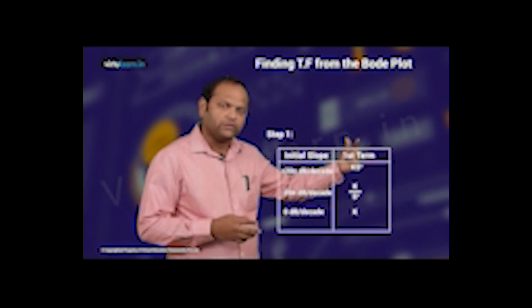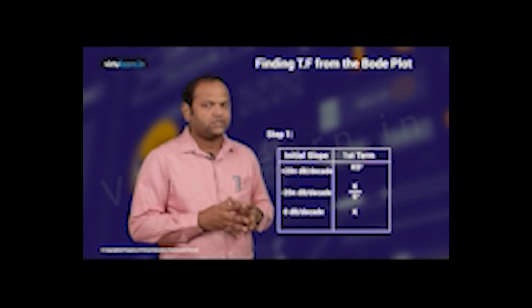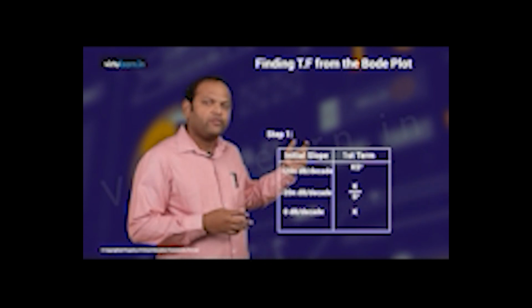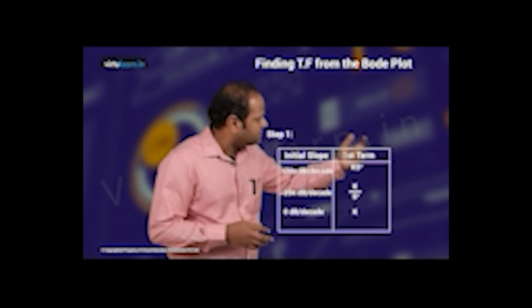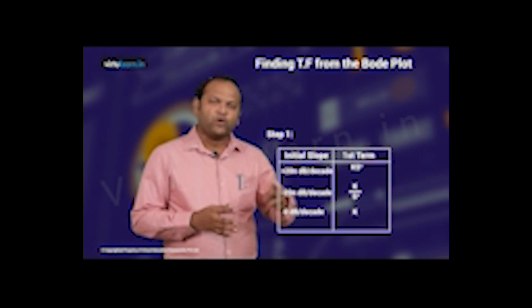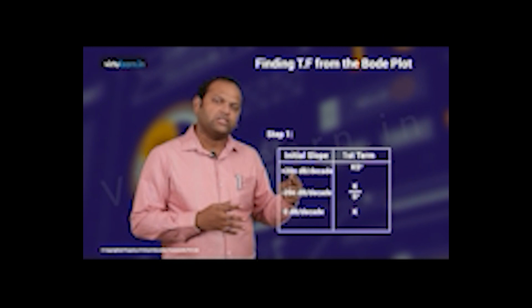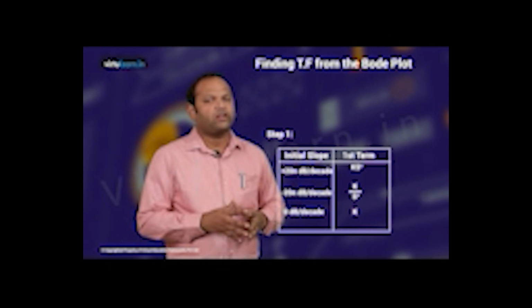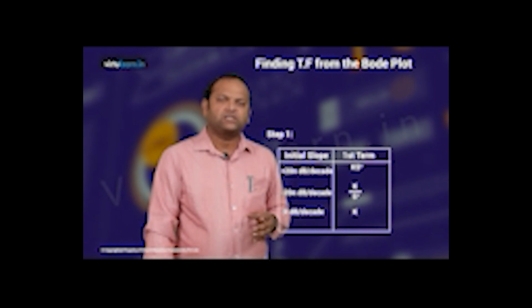So k by s, there are poles, therefore I have minus 20n dB per decade. Then if you have 0 dB per decade, the corresponding term is simply k. So there are only 3 possibilities: k, k into s power n, k by s power n. By looking at the initial slope, we can find out what will be the first term in the transfer function.